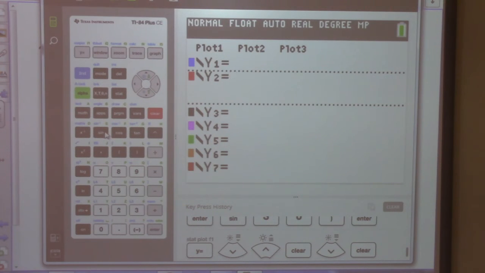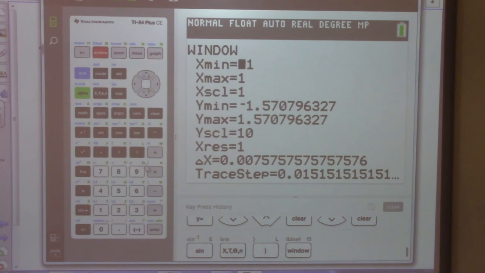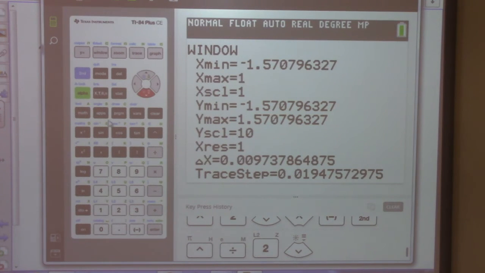I can see that I'm in radians, right? And I'm going to go between negative pi over 2, not divided, not times, and over here we have pi over 2.